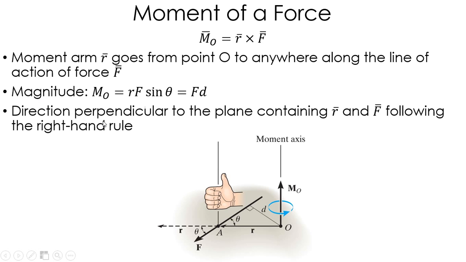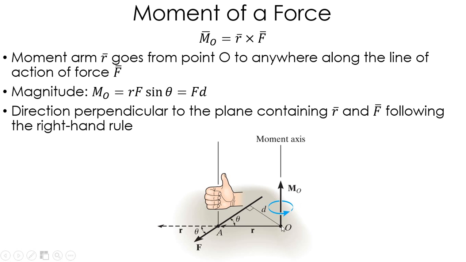The direction is going to be perpendicular to the plane that contains r and F, following the right-hand rule. So again, it's r cross F, not F cross r. That'll give me a negative answer. For r cross F, I point my right-hand fingers in the r direction and curl them in on F. In order to do that, my thumb needs to point up. That means I've got a rotation about what we call the moment axis.